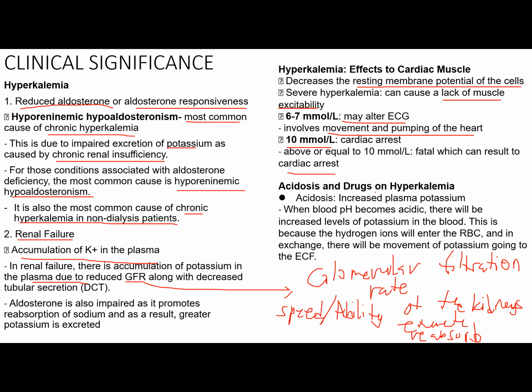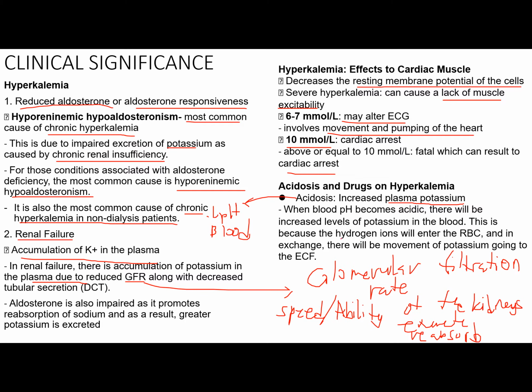Acidosis and drugs on hyperkalemia, class. So when you have acidosis, this refers to a low pH of your blood. If your blood is acidic, class, you would have increased plasma potassium. So when your blood pH becomes acidic, there would be increased levels of potassium in the blood.